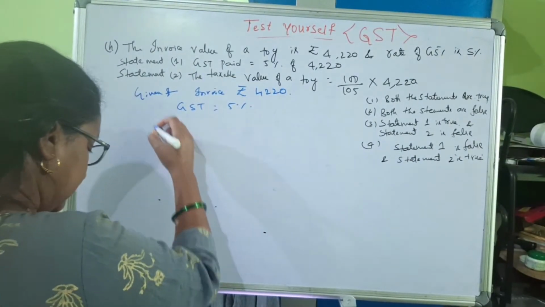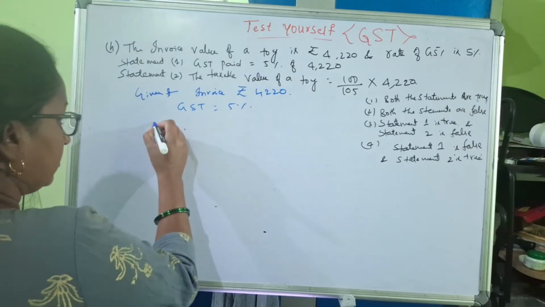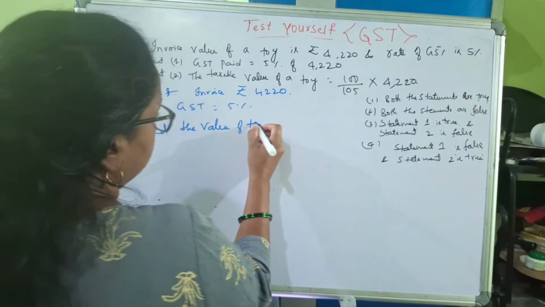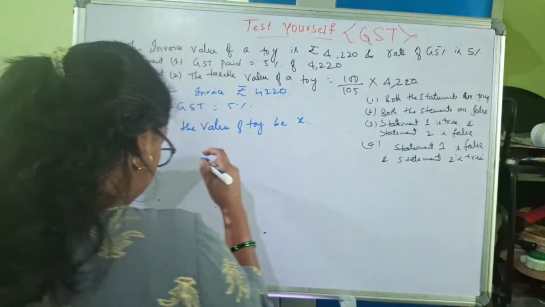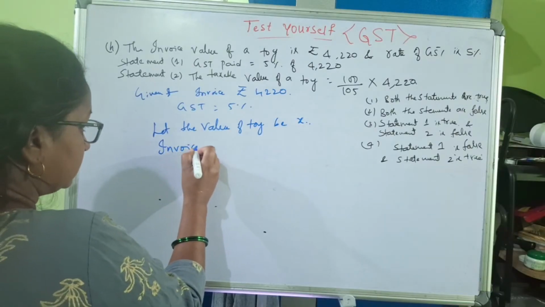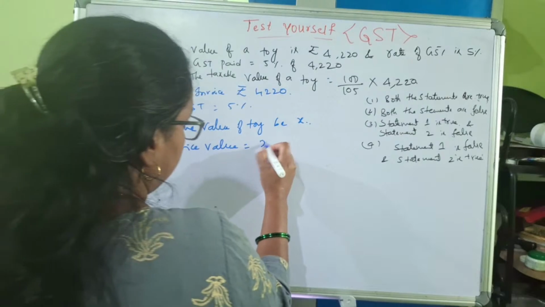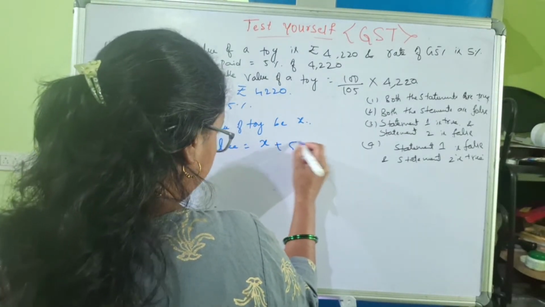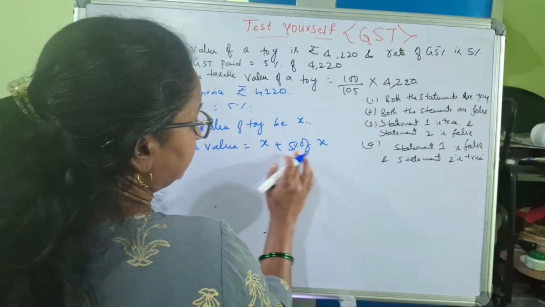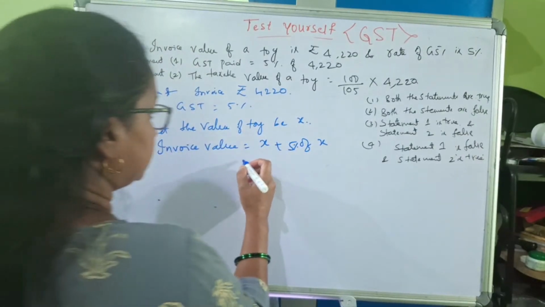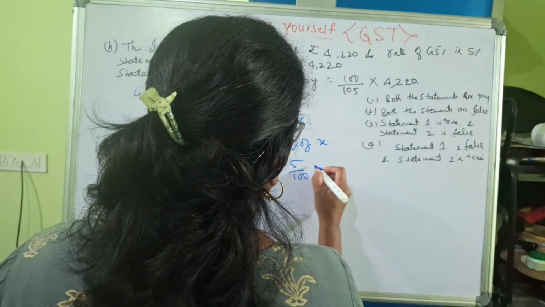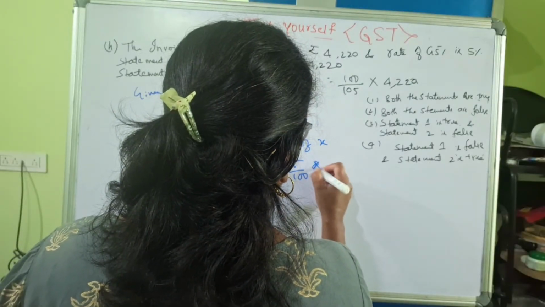So let the taxable value of the toy be X. We already know that invoice value is equal to X plus 5% of X, that means cost price plus 5% of cost price, which is equal to X plus 5 divided by 100 of X.